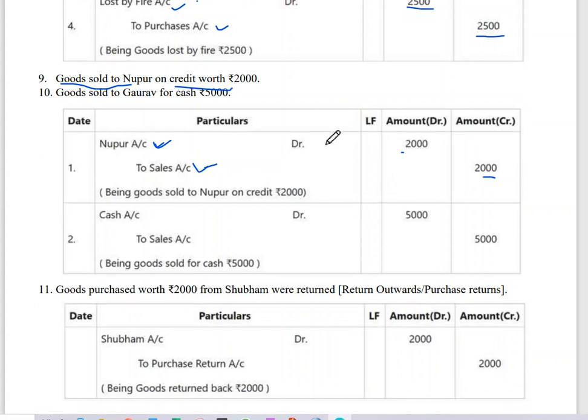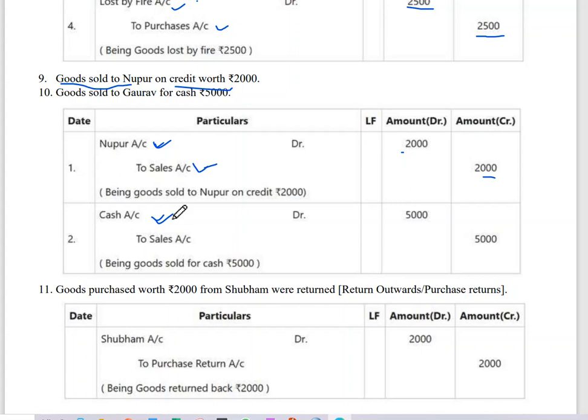Next, goods sold to Gaurav for cash. So here you can see that cash account debit to sales account. Here it's simple that goods are sold to Gaurav, but cash is received. So here we are using the cash account, and we are not using Gaurav's name because there is nothing left to be received from Gaurav. Cash is already received. When it is in the form of cash, we have to show it in the cash account only.